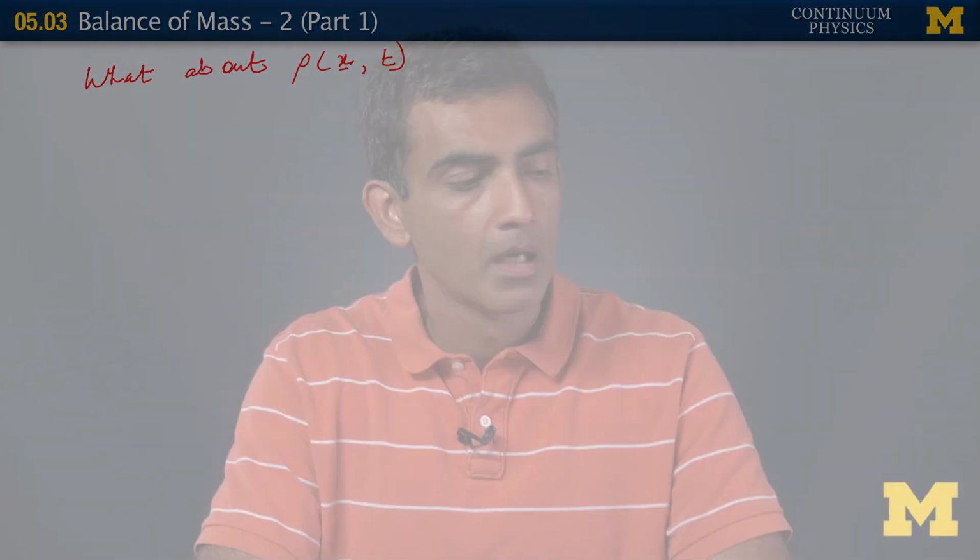Okay? So we can ask now, what about rho little x and time? Now, the reason for asking this question, what about the rate of change of the density in the deformed configuration, is a relevant one because of the following idea.